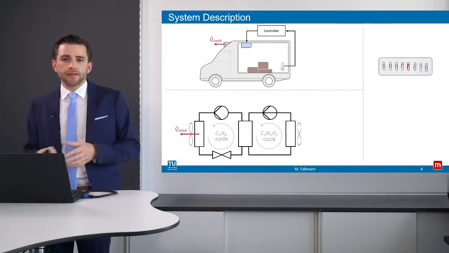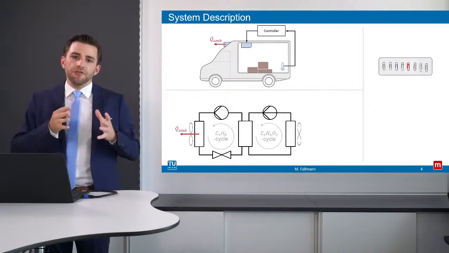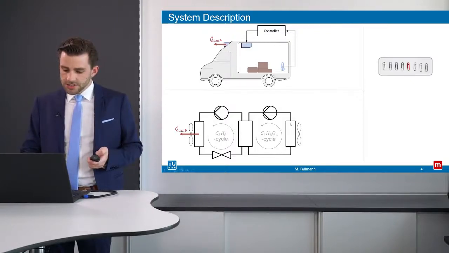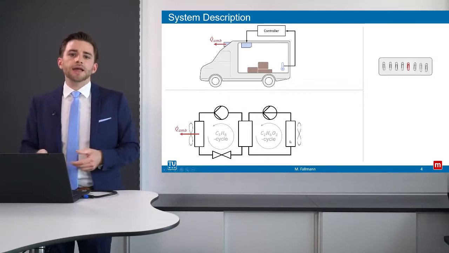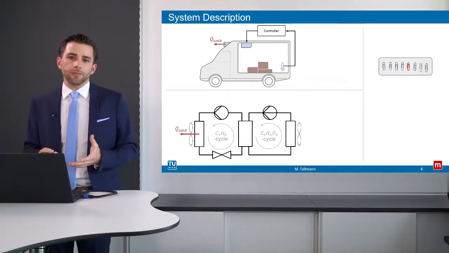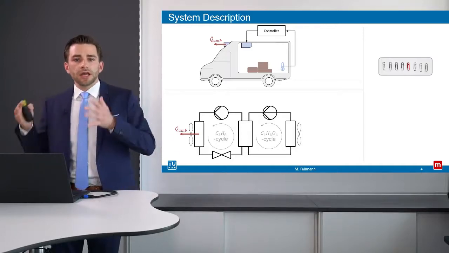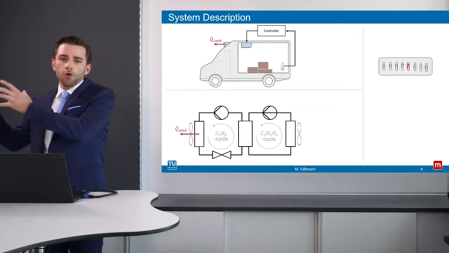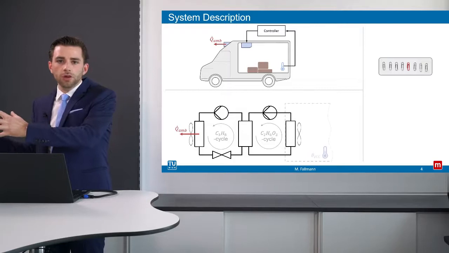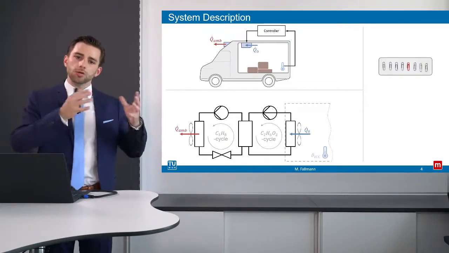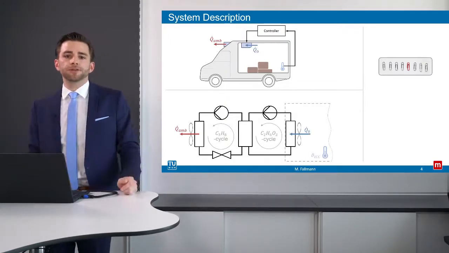Compared to some standard approaches, not the evaporator, but this heat exchanger, let's call it the air chiller, is located within the cooling chamber. So the heat flow Q at 0 coming from the inner air volume is transmitted to the glycol water mixture at this very point.